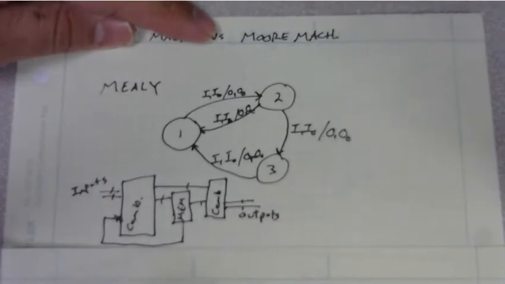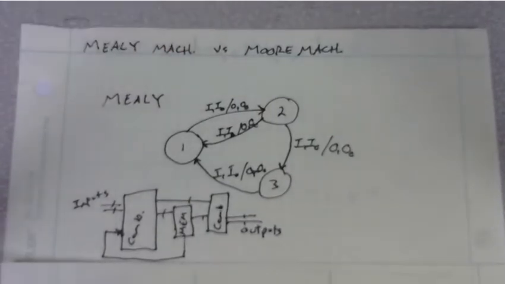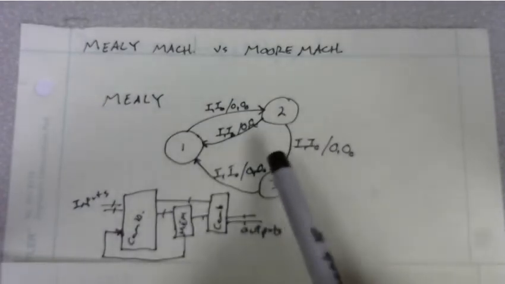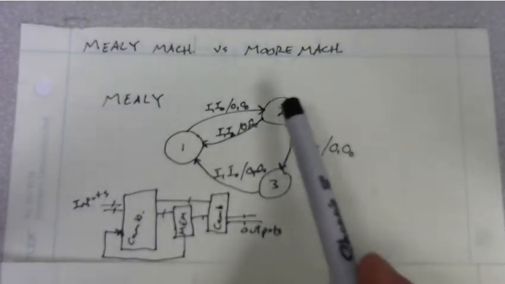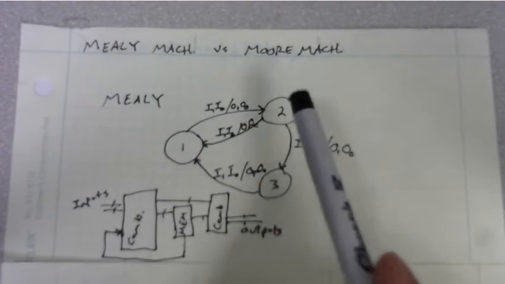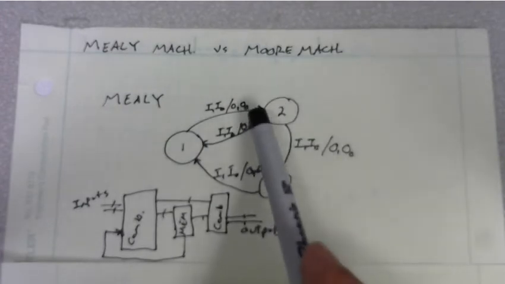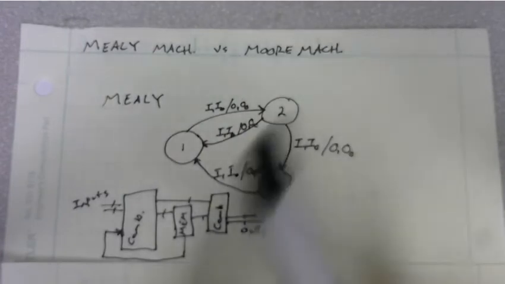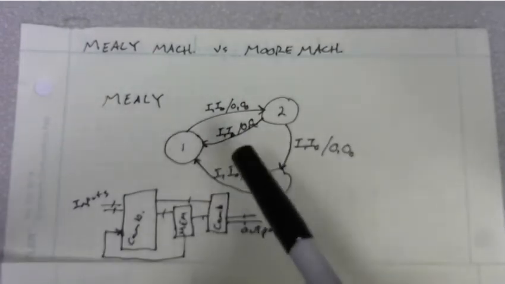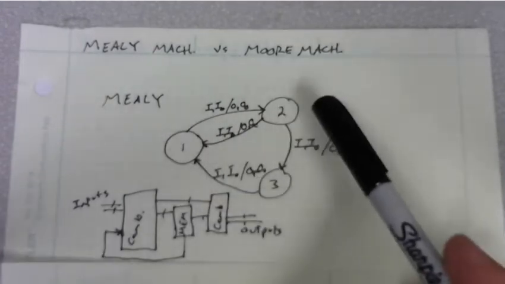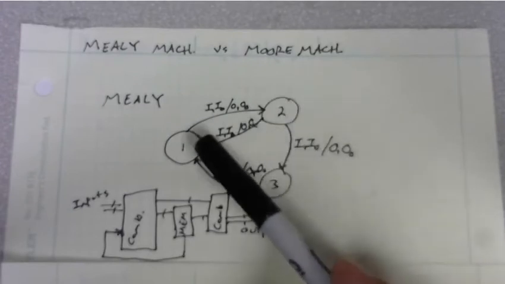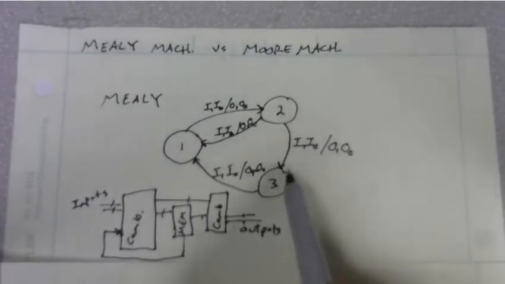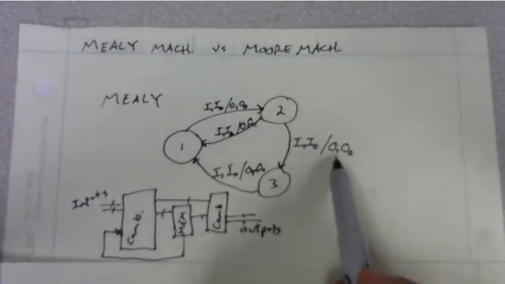Let's look at what a Mealy machine is first, and then we'll look at the Moore machine. A Mealy machine is just a state diagram or a state machine that has both inputs and outputs. You'll notice that the outputs depend on both the state and the input. For instance, whenever I leave state 2, if I go to state 1, my outputs are going to change in one direction, and if I leave to go to state 3, my outputs are going to change a different way.